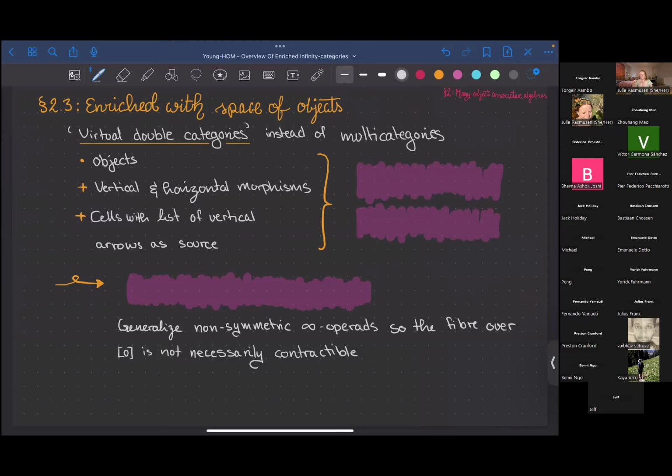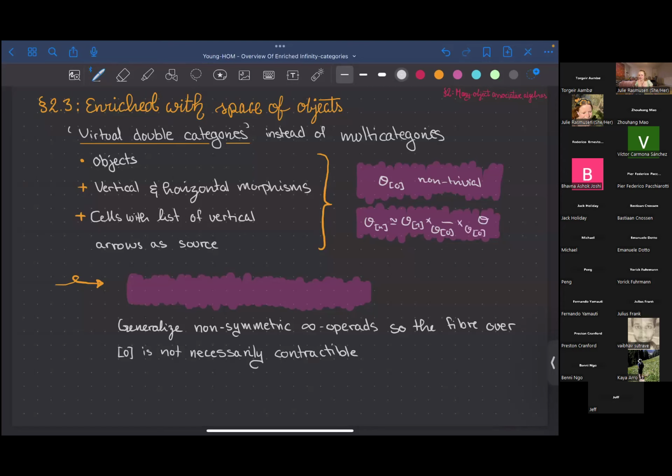And what this gives us is that the fiber over 0 does not need to be trivial. So this can be non-trivial. And we want the fiber over n to be equivalent to the fiber over 1, fibered over the fiber over 0, so the fiber over 1 again.